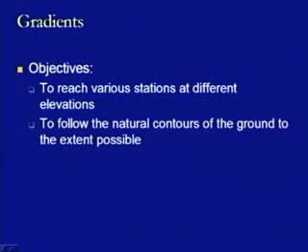Another one is to follow the natural contours of the ground to the extent possible. We are providing the gradients, as we have seen in the case of the fixing of the alignment, where the mountainous gradients were discussed, and we have the zigzag positions or the switchback conditions. In both of those conditions, as far as possible, we try to follow the contours.